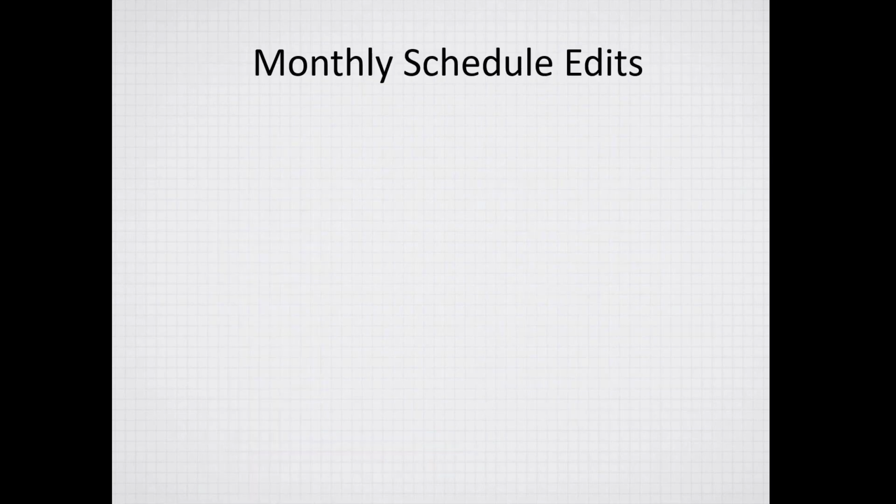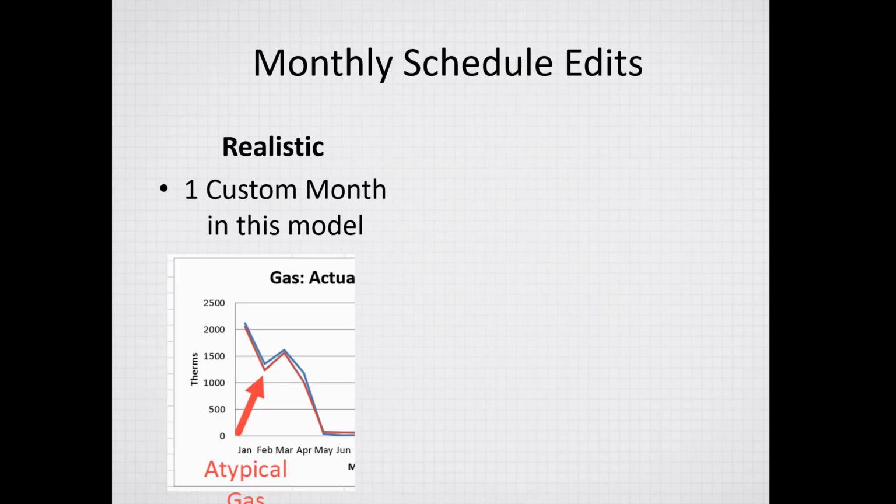Let's look at some realistic monthly schedule edits. In the previous model, you could see in the gas consumption that there was one atypical month. It didn't really fall neatly into the pattern. That could just be a result of the climate or the glass orientation, but it's worth a look. And in many cases, this is a month that did not operate normally.